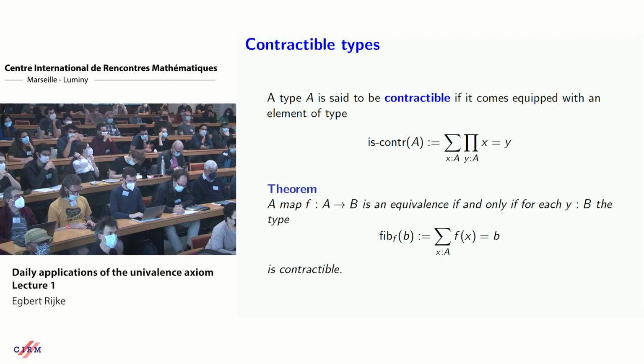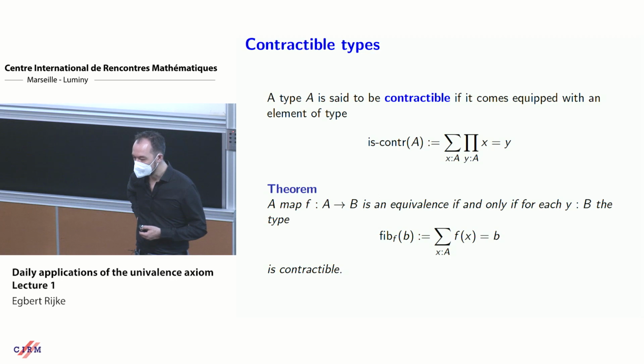There are a lot of technicalities to make universes closed under all of these type constructors, while at the same time they should remain Kan complexes, the universes themselves, or at least fibrant. Sorry, I should say fibrant.